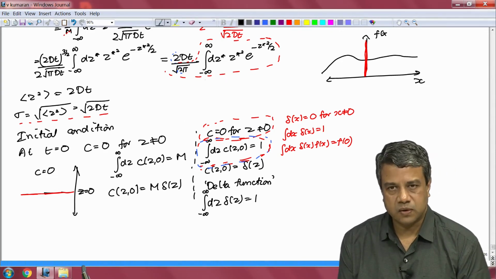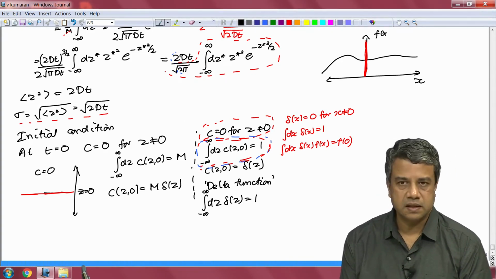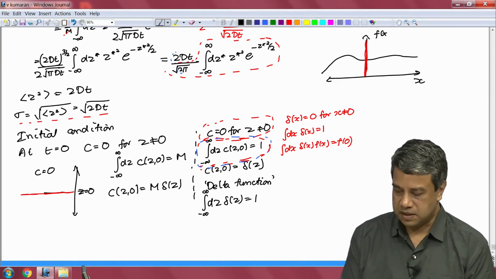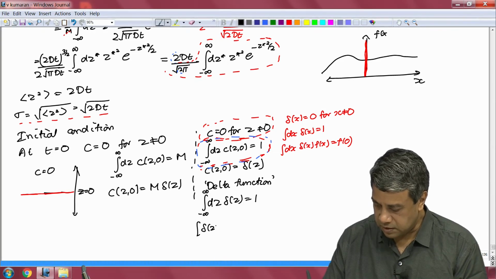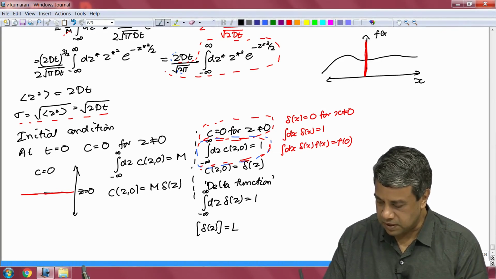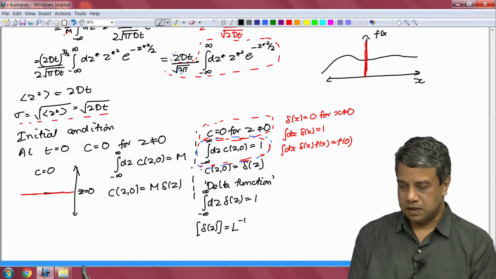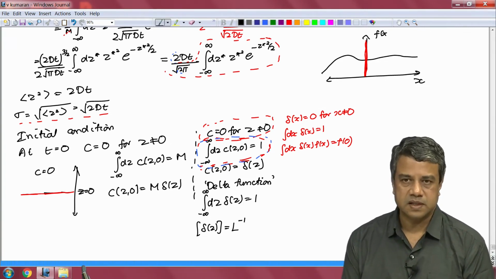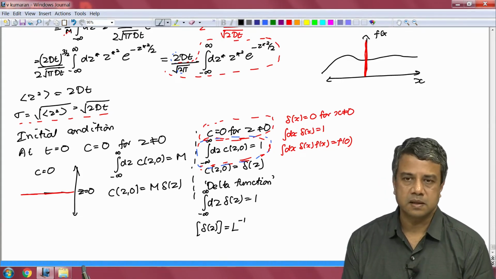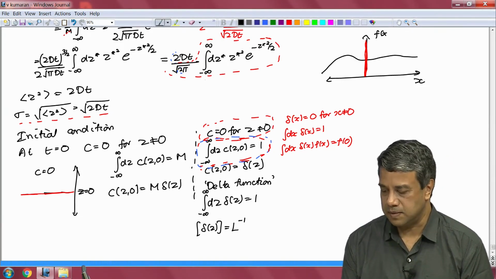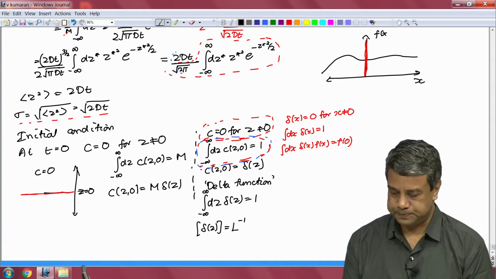On the right side, 1 is dimensionless; on the left side, z has dimensions of length. Therefore, the delta function has dimensions of 1 over length, L inverse. So that when you multiply it by dz, which has dimensions of length, and integrate, I get something that is dimensionless.